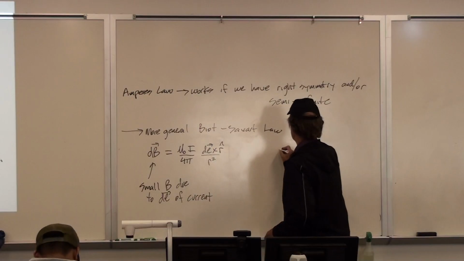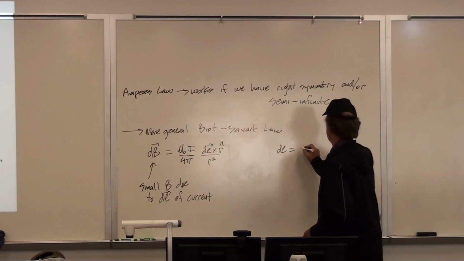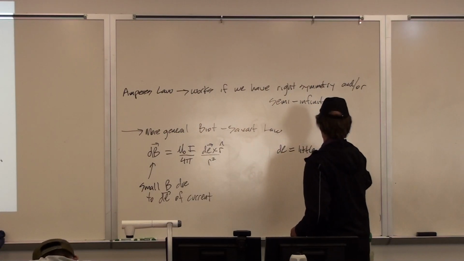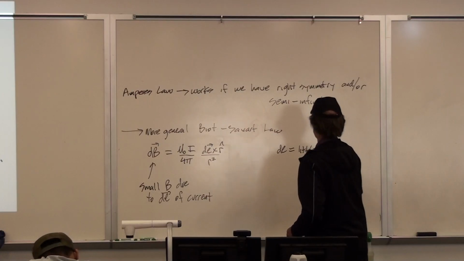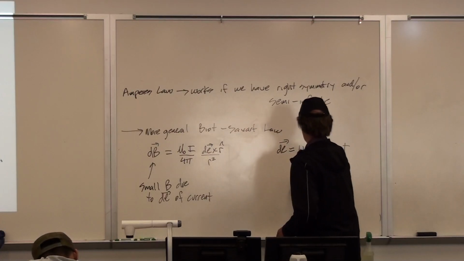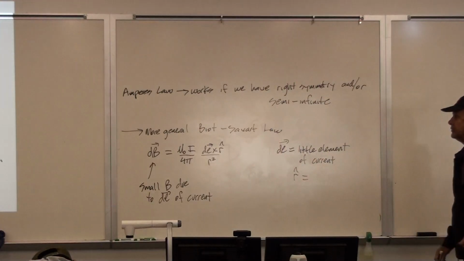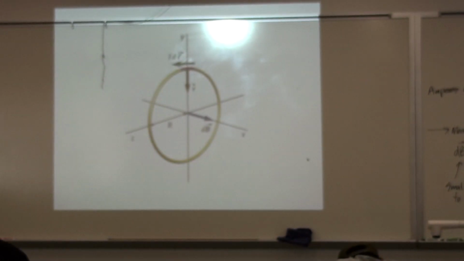Here dl is equal to our little element of current. And r hat is a unit vector that goes from dl toward the point where the magnetic field is being calculated.